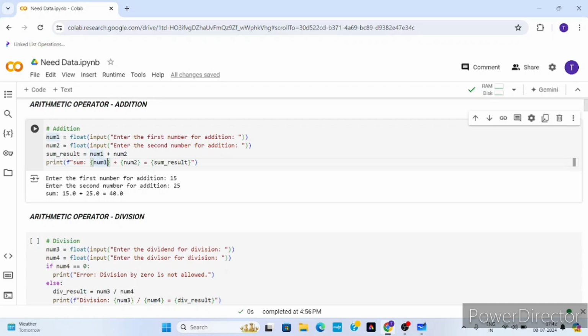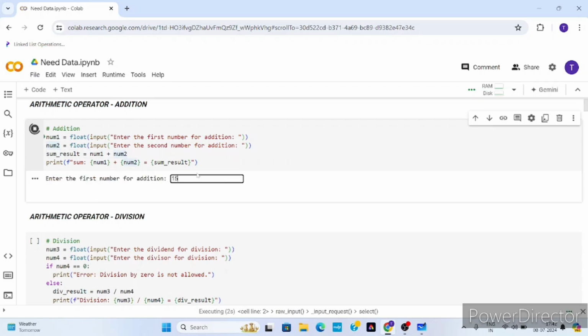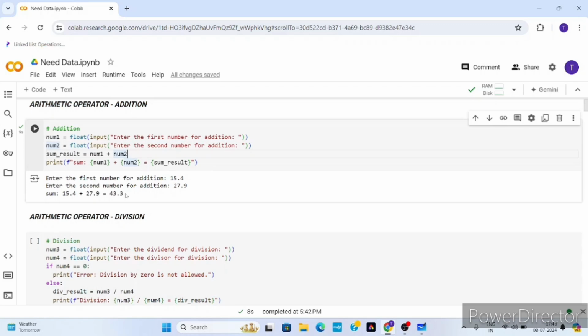If I put the numbers as float type, 15.4 and 27.9, it will be printed as float type, like 15.4 plus 27.9 equals 43.3. This float will accept both integer and float types.